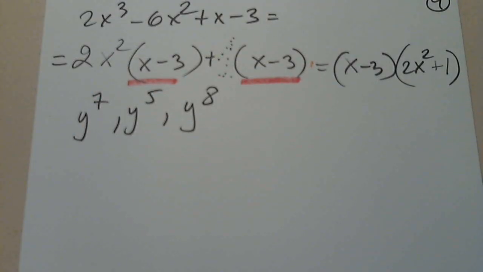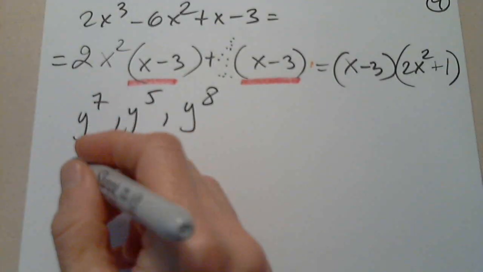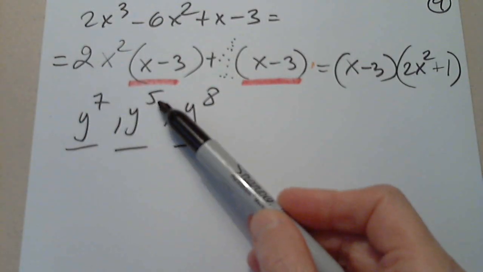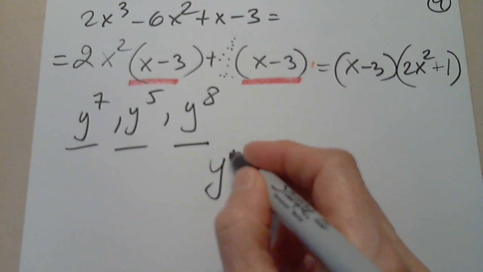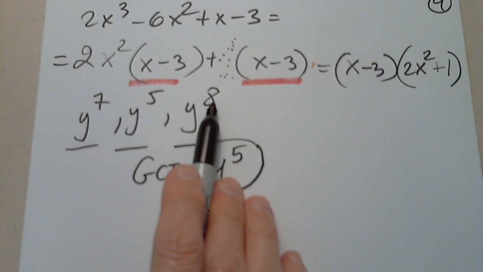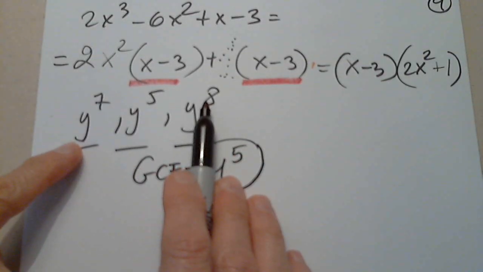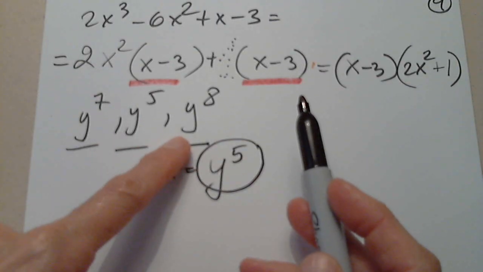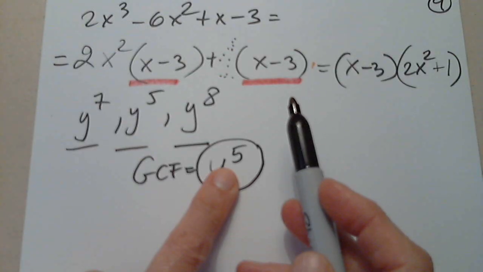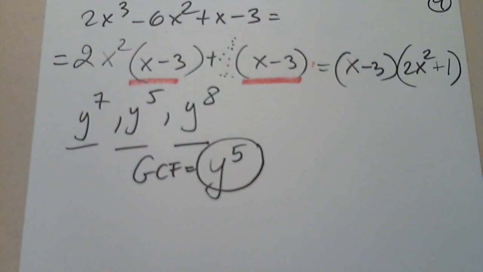Let's discuss this for a moment. If these are 3 terms, and the powers are 7, 5, and 8, the greatest common factor is always the smallest power. This one has more than 5, this one has 5, and this one has more than 5. So always the smallest is the common factor. Please remember that. So here it is just y to the 5th.